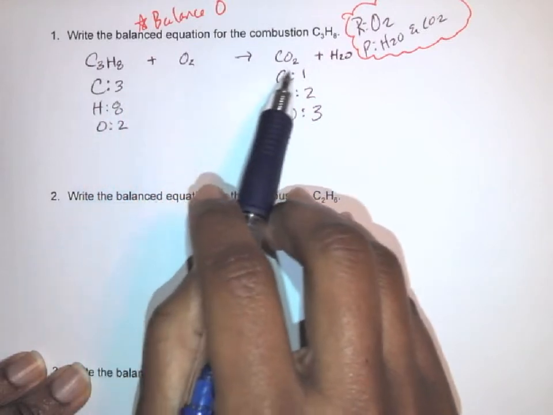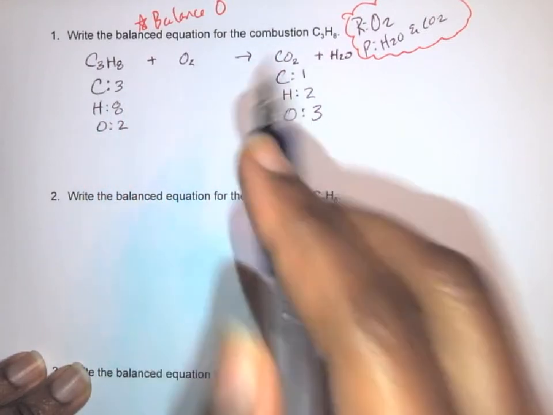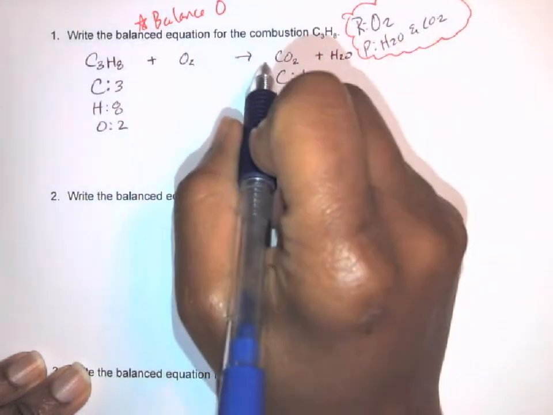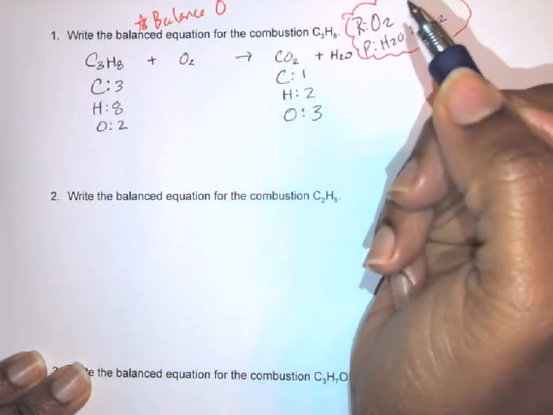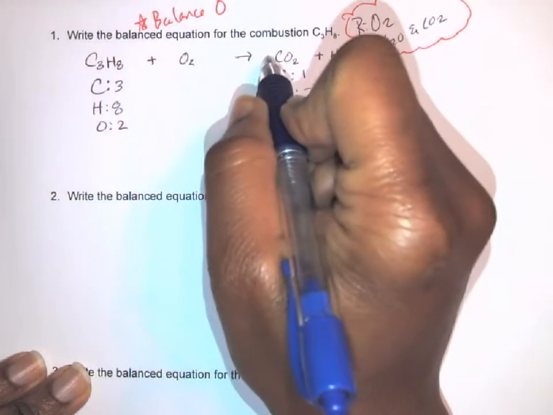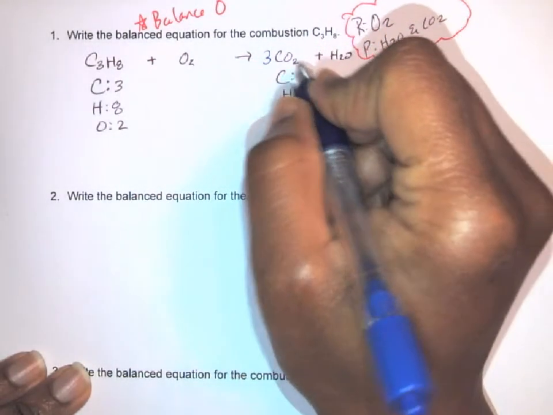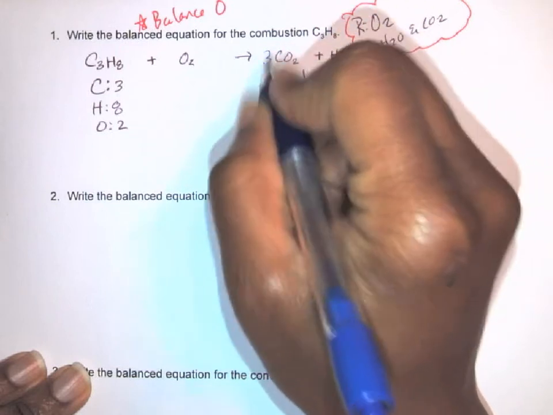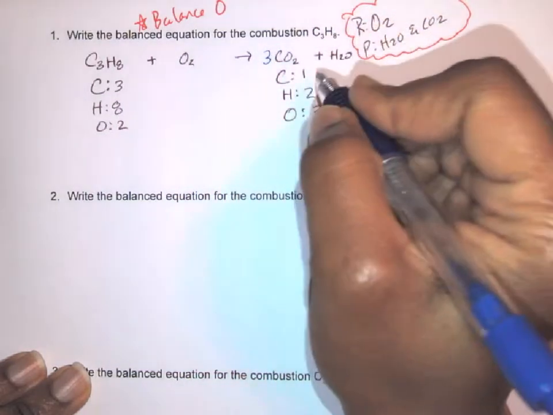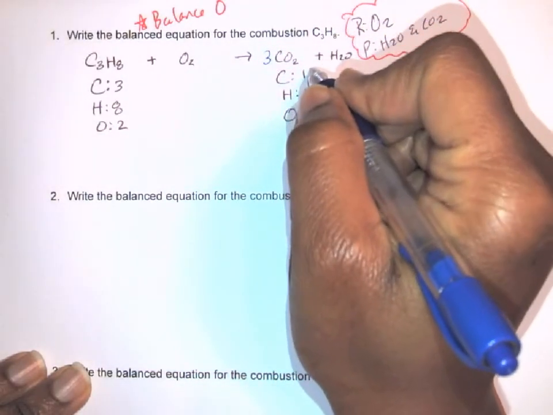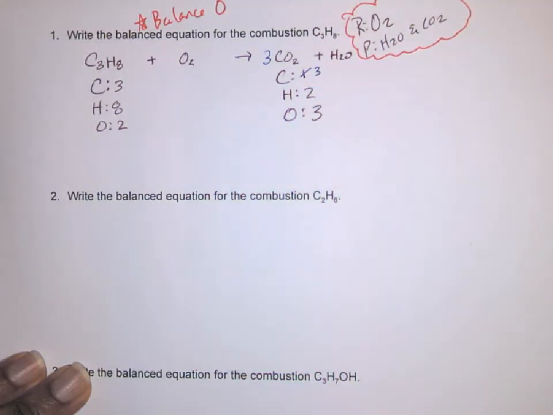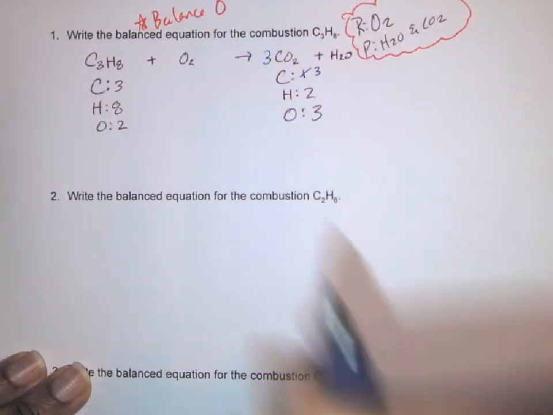So I need to get 3 carbons on the product side. And in order to do that, I need to change the coefficient in front of the molecule with carbon in it, and that would be CO2. And the coefficient I'm going to write here is a 3. The reason is that if I have 3 CO2 molecules, then I'm going to have 3 carbon atoms on that side, because each CO2 molecule has a single carbon atom.